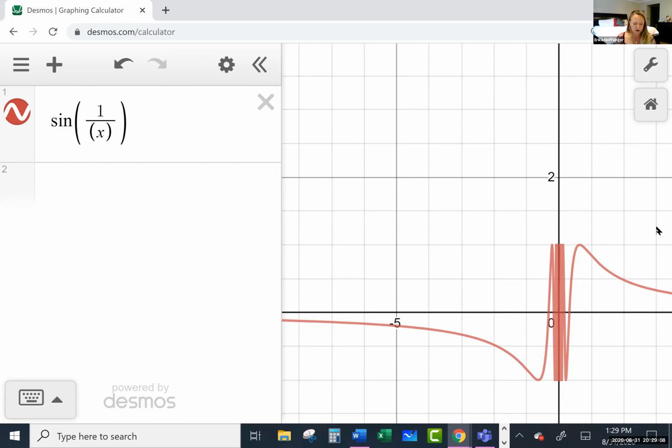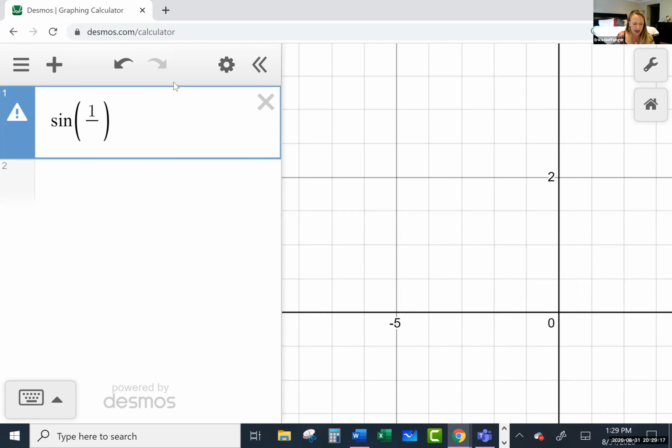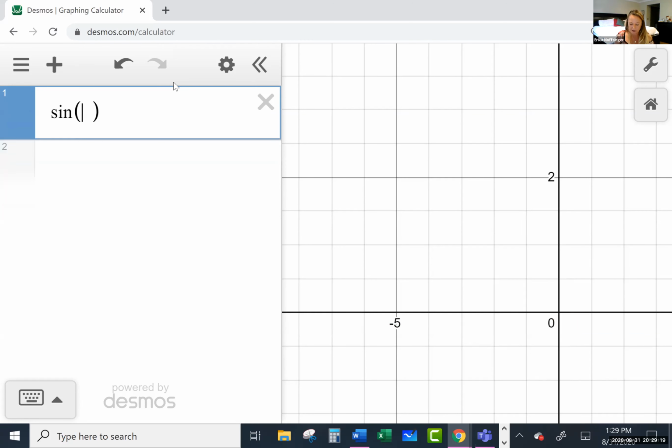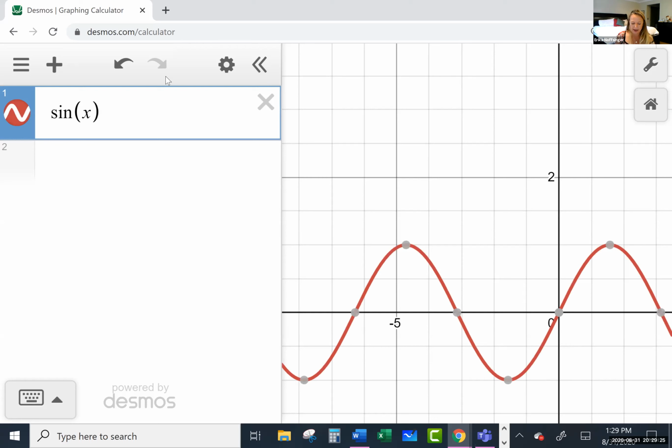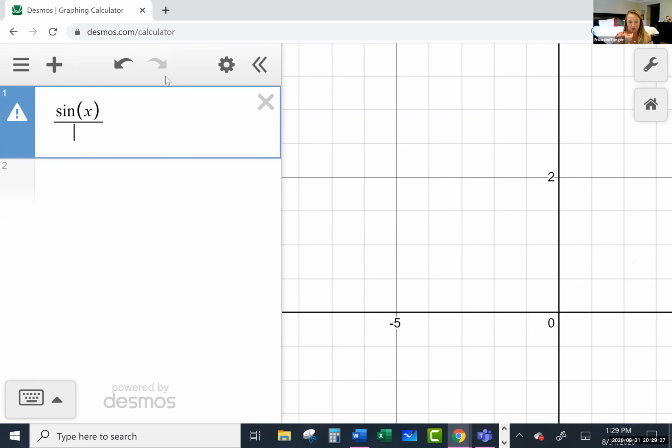I'll go back and write that in a second, but since I have Desmos open right now, we're also going to be looking at something that is going to help us to know what if the function was sine of x, all divided by just the same argument we had, x here.